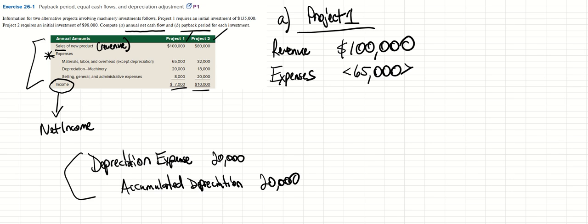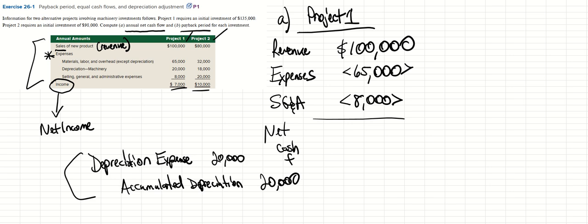The next one is the selling, general, and administrative expense, SG&A, for $8,000. That's going to get included. So our annual net cash flow comes out to be $27,000.